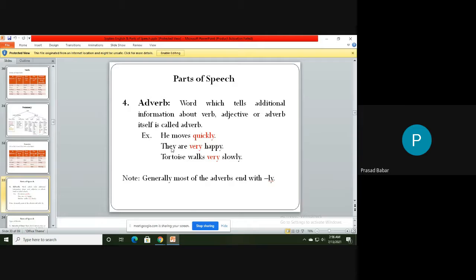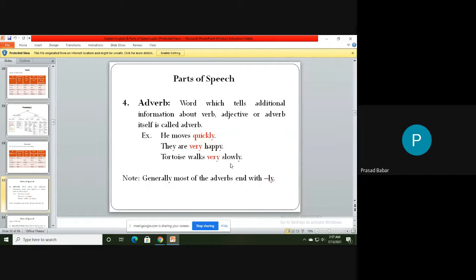The next example is they are very happy. So in this example, very is the adverb. It tells more information about happy, and that is why it is called an adverb. The third example, tortoise walks very slowly.